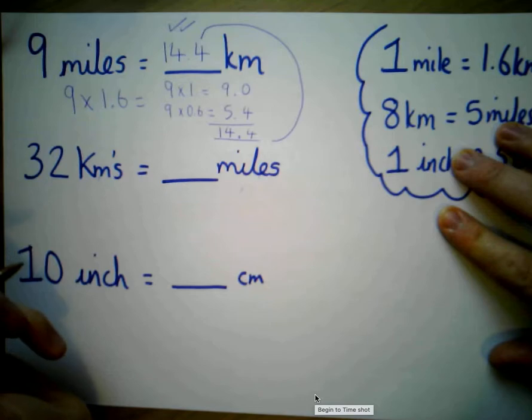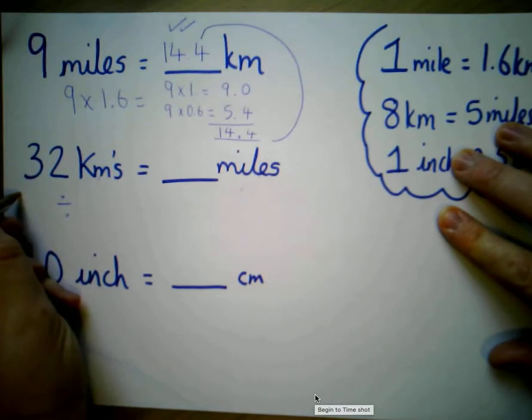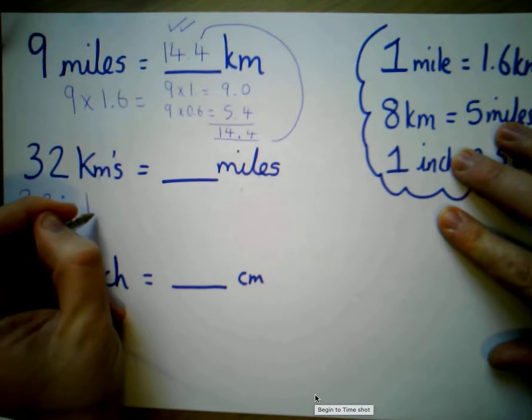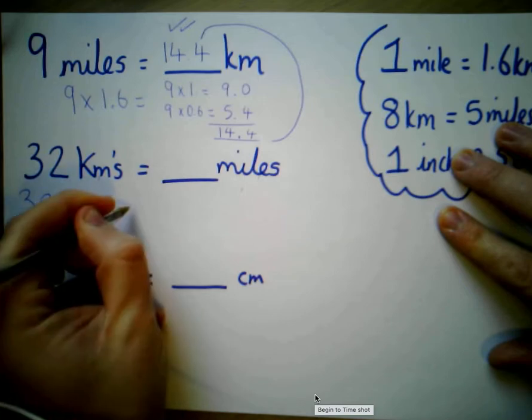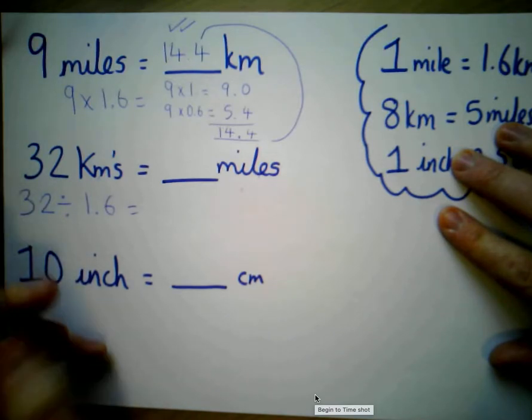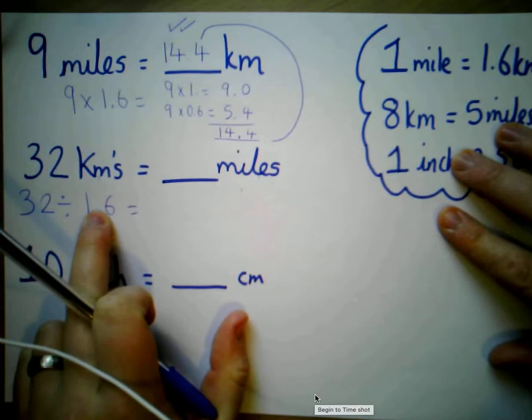Okay, hopefully you've worked out we need to divide it. So I've got my 32 kilometres and I'm going to divide that by 1.6. Now I'm going to give you a clue today. All the numbers will divide quite nicely. Hopefully here, if I was to make this 10 times smaller, you would spot how many times 16 went into 32.